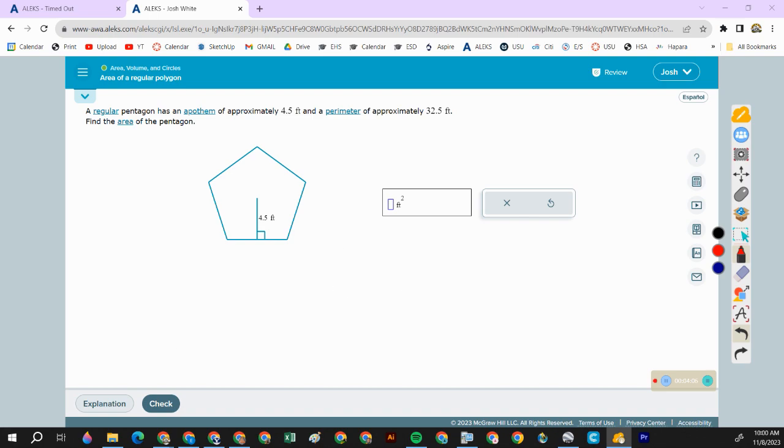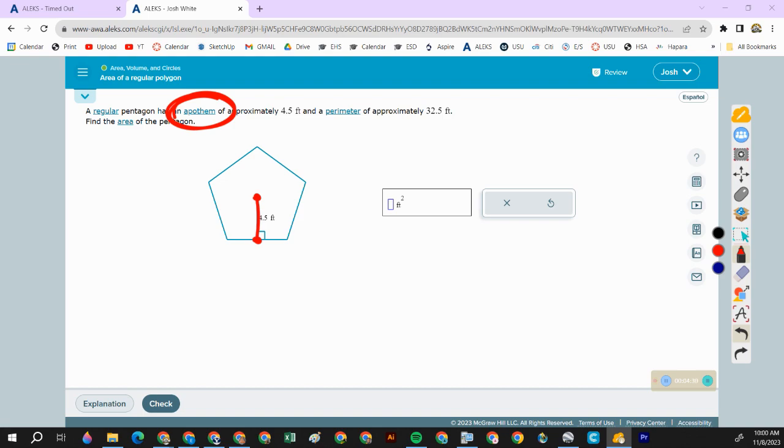Also, if you take a line from the center of a regular polygon to the midpoint of one of the sides, that segment is called an apothem. Not the furry little giant mouse that hangs upside down from trees and plays dead.